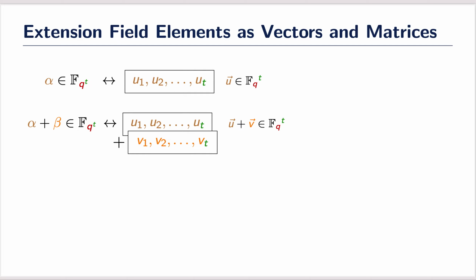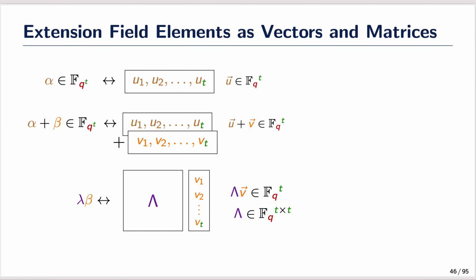So as soon as you fix a basis, then you can do this mapping, and addition works fine. So alpha plus beta in the big field is just, if you do the encoding to some u's and v's, and then you just add up those vectors, you get the appropriate vector for the field element that represents alpha plus beta. So addition works fine.